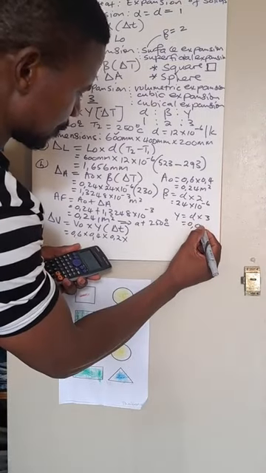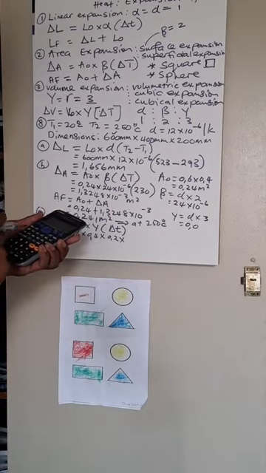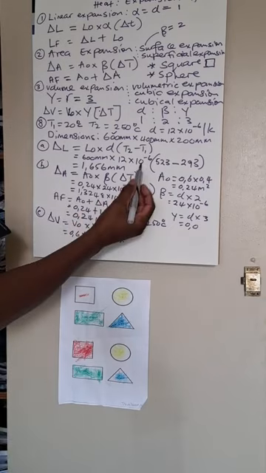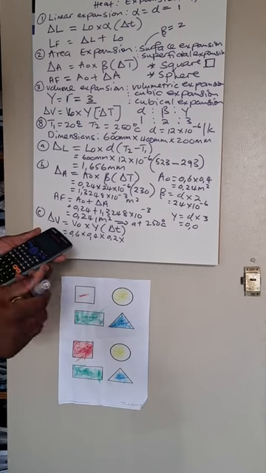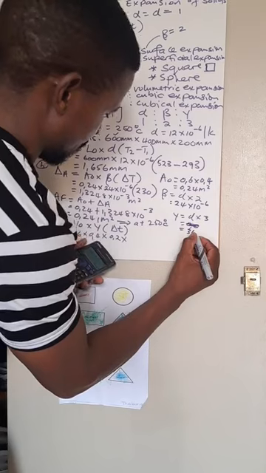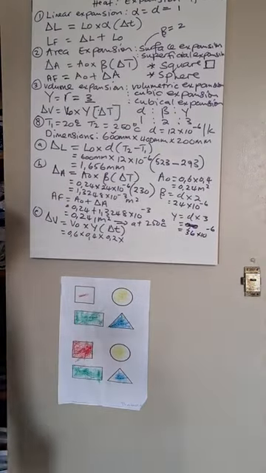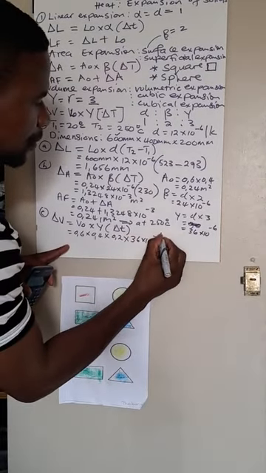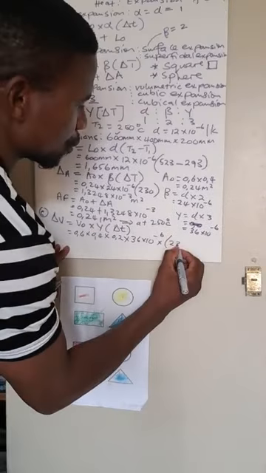Our alpha is 12 times 10 to the negative 6. Yes, our expansion is negative 6, not 3, times 3. Sorry for this part. So it becomes 36 times 10 to the negative 6. So it becomes a normal size. Our change in temperature becomes 230.